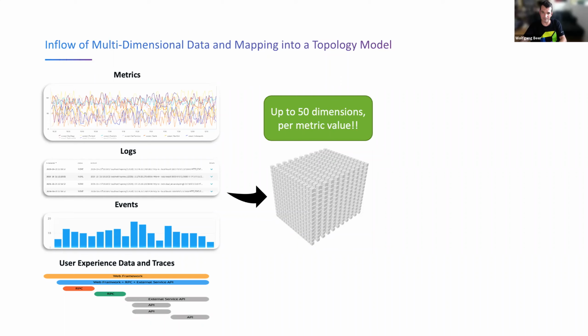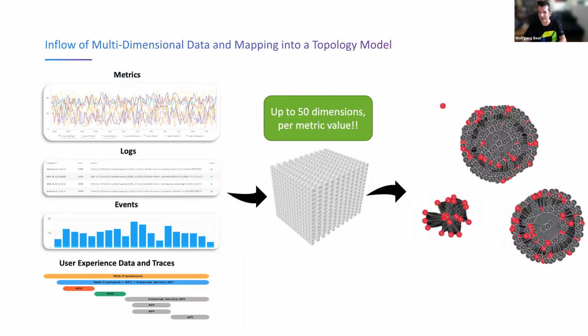And out of that, we are automatically generating a topology that shows the host, the process, the service on top, the Kubernetes environment, the workload, and so on. And that is all seamlessly integrated into our built-in UI, where you can see all those relationships. I will show you later on what I mean with that.